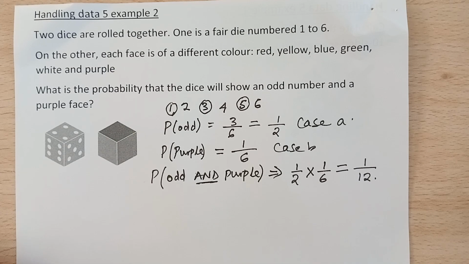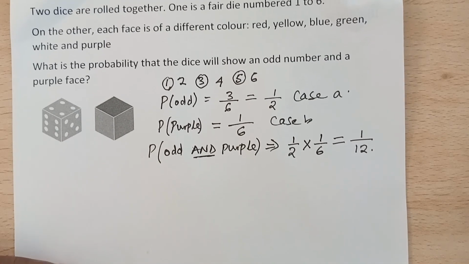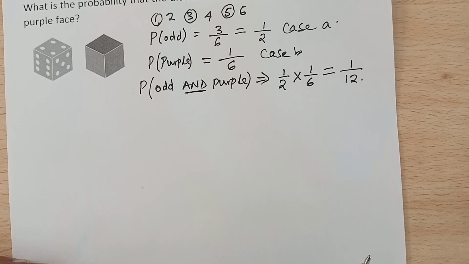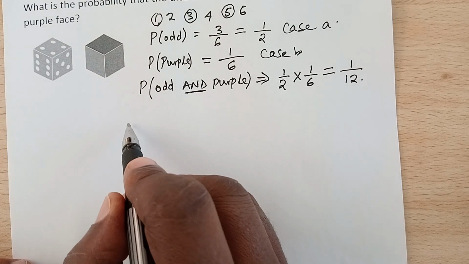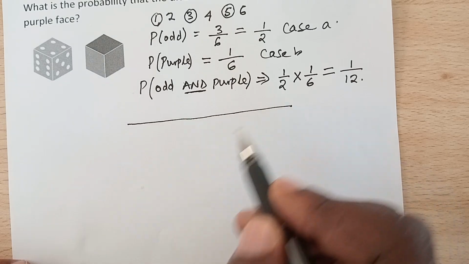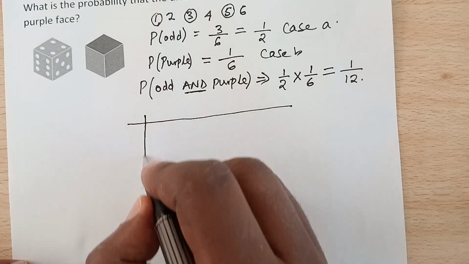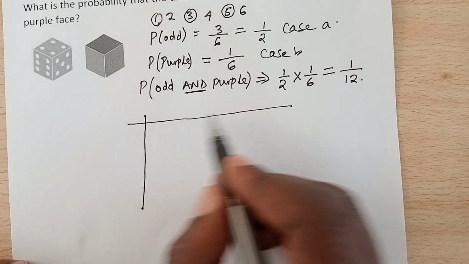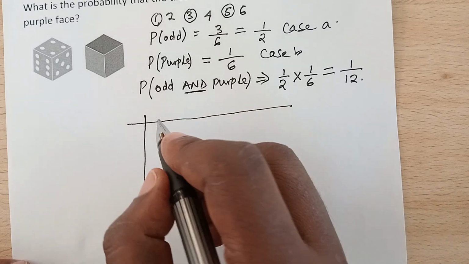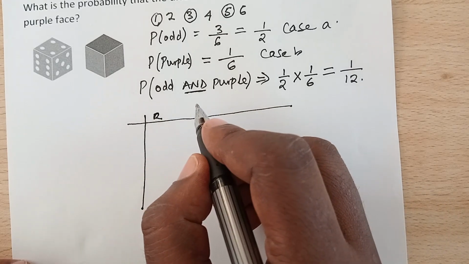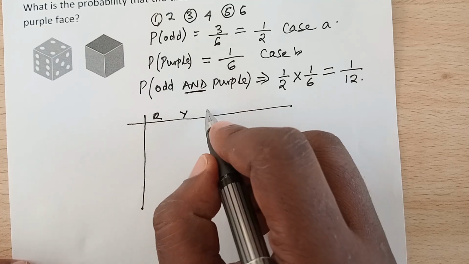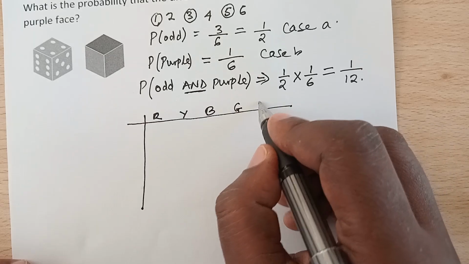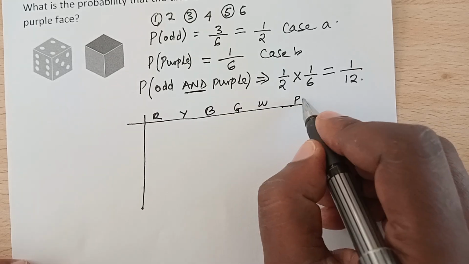There is an alternative method, and I would want us to discuss it and come up with a probability space. We can also come up with a table that is showing all these possibilities. In the first die on top here, we have the colors: red, yellow, blue, green, white, and finally purple.